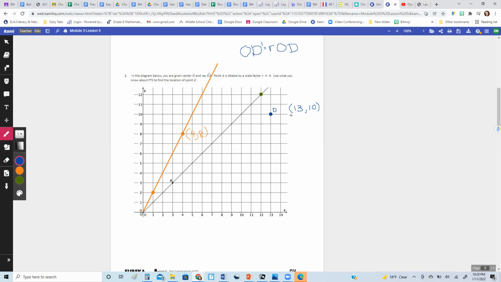So if that X coordinate is 13, then that equals 4 times 13. And 4 times 13 is 52. I did that because I know that 13 times 2 is 26, and 26 times 2 is 52. So 52 is not even going to be on this graph.